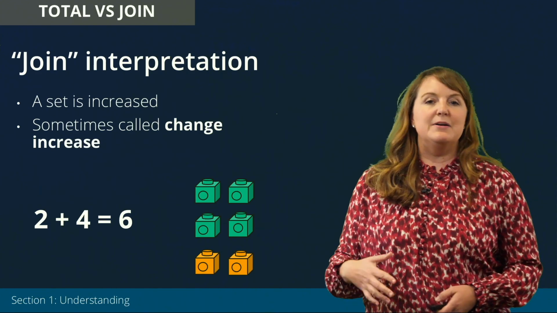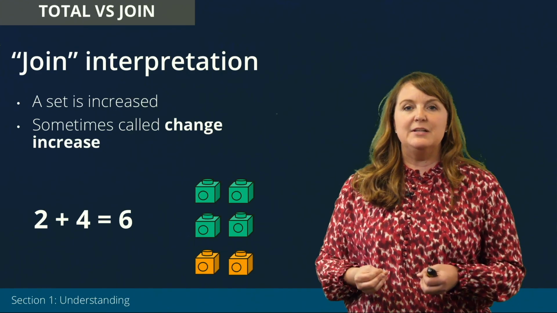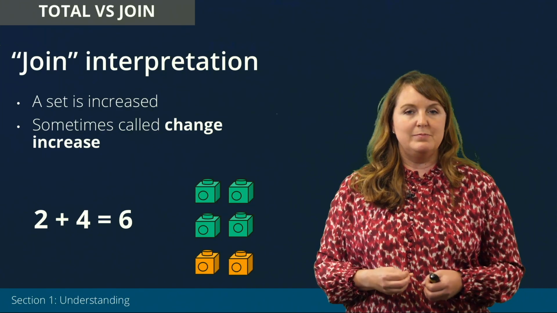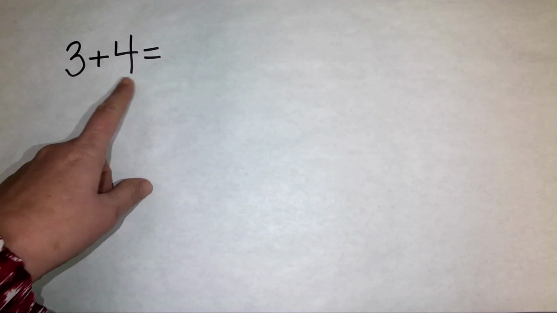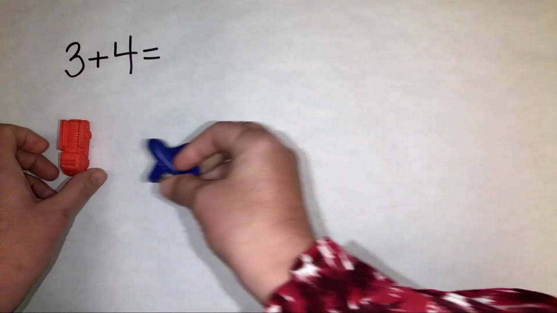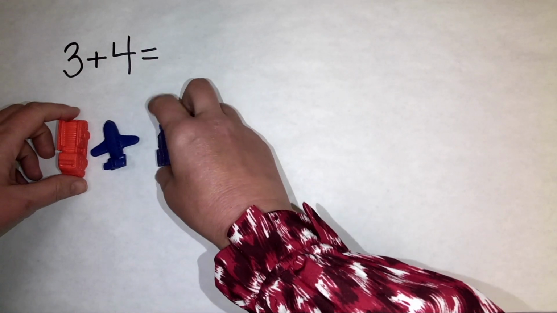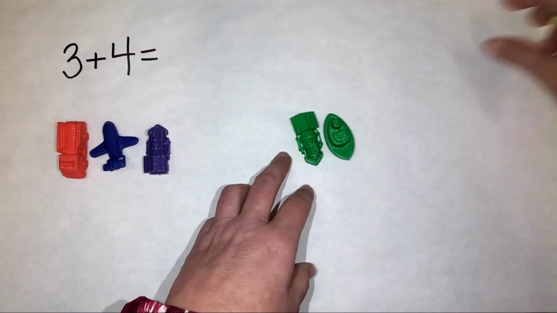Now let's think about how we could use some of our hands-on tools to help students see the difference between total and join problems. Let's think about this problem 3 plus 4. First, I'm going to interpret that with these motors, thinking about the total interpretation. So first, I have a set of 3, and then I have a set of 4.